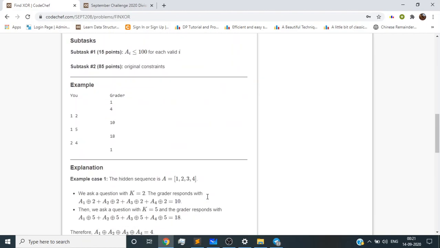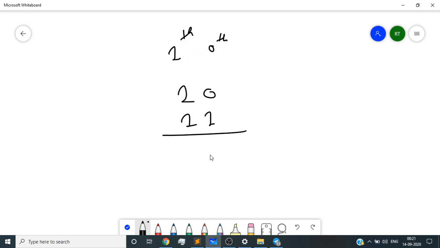Okay, so let's see. First of all, I would ask you how we are going to add two binary numbers. Let's say I have binary number 2 and binary number 3. This is our zeroth place, this is our first place. To add these numbers, my strategy is to see how much the zeroth line contributes to my answer.